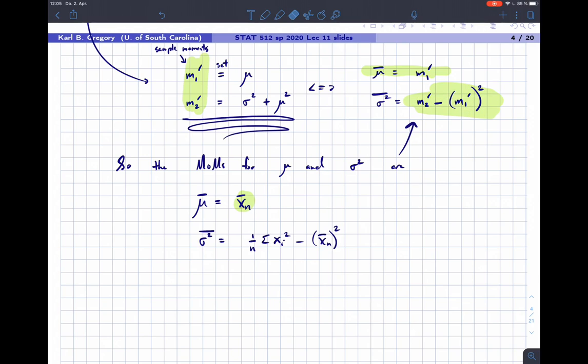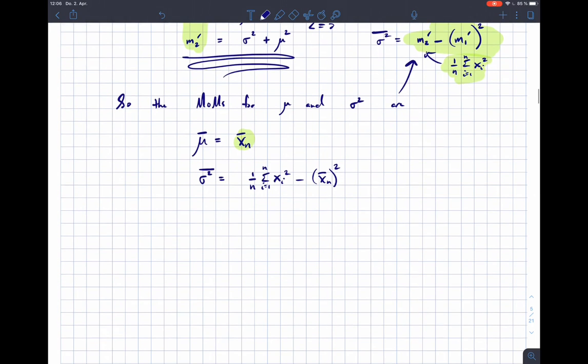So this m2, remember, is the mean of the xi's squared. Okay, let's make this look like something a little bit more familiar.